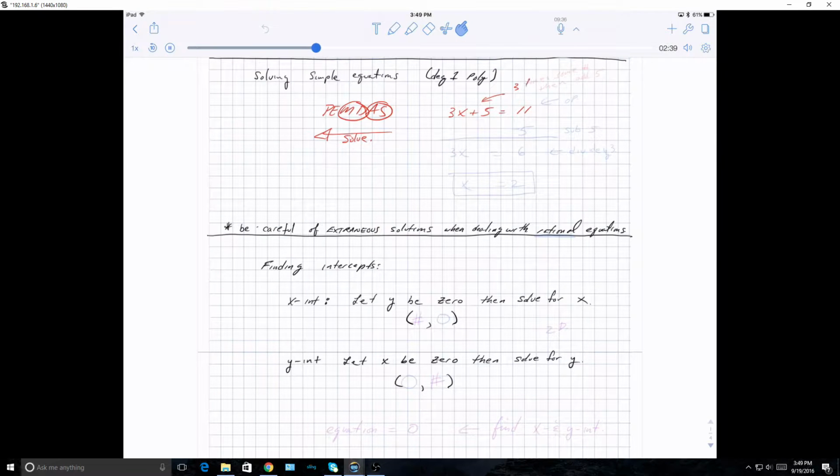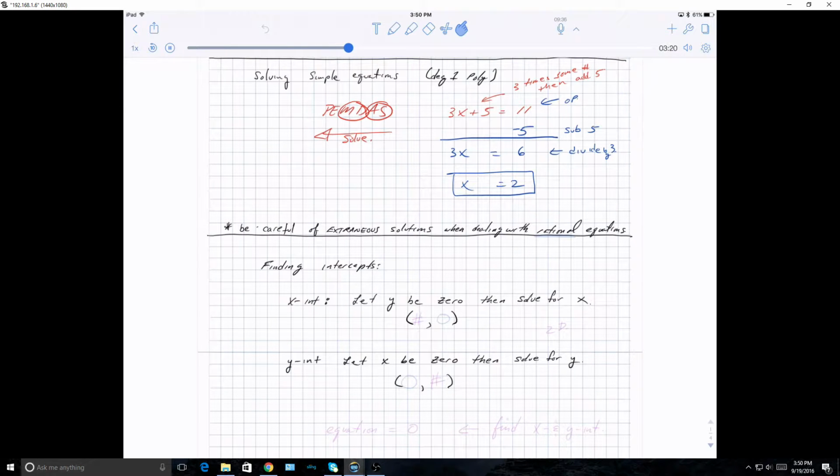That says 3 times some number, then add 5. Then all I have to do is the exact opposite to the 11. So I have to subtract 5, and then divide by 3. So x in this case is 2.